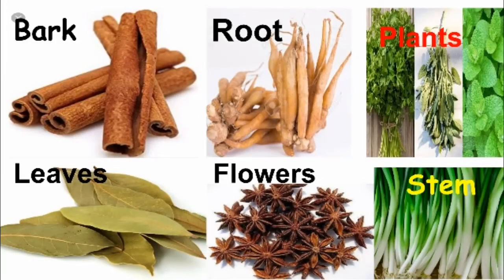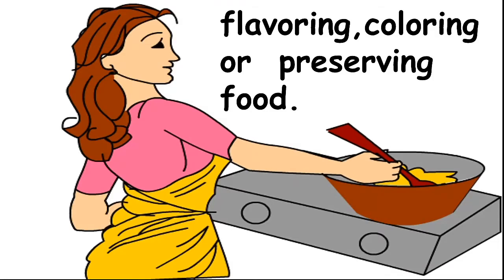Children, spices come from the bark or roots of certain plants, leaves, flowers or stems of plants. Primarily used for flavoring, coloring or preserving food.